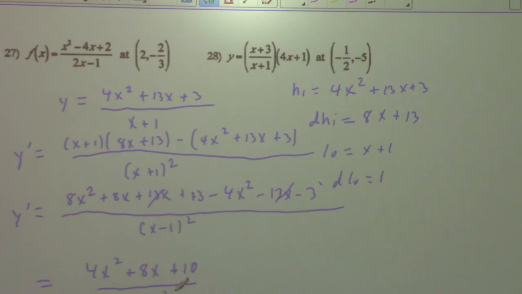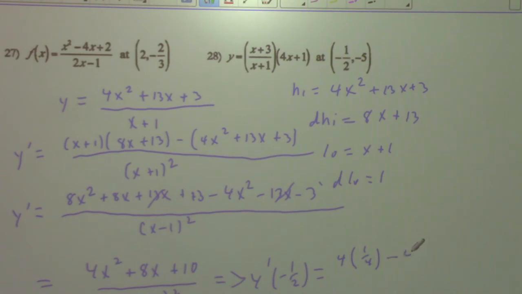x minus 1 squared. So if you go here and have y prime of negative 1/2, negative 1/2 squared, isn't 1/2 squared like 1/4? So you'll have 4 times 1/4, because that would be 1/4. And then you'd have 8 times negative 1/2.